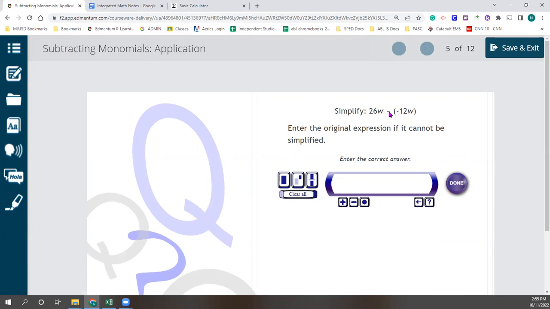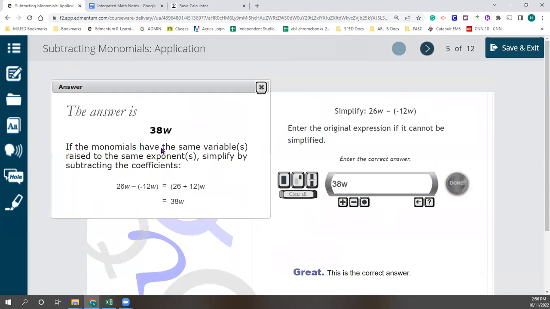I'm subtracting $12 of debt, negative money that you owe. So it's 38W, and there's no exponents. Done. And again, you can check the answers and see how they do that.